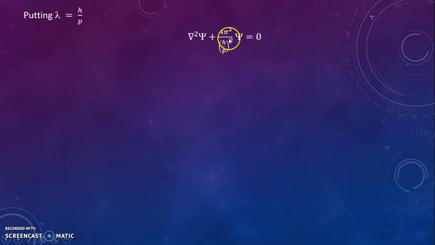Now we are taking the square of this bracket, so it gives h square upon p square. This p square is at the denominator of the denominator, so it comes to the numerator position. So the equation becomes del square psi plus 4 pi square p square upon h square into psi is equal to 0. Let this be equation number 6.